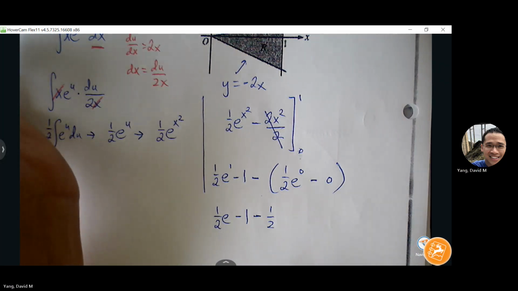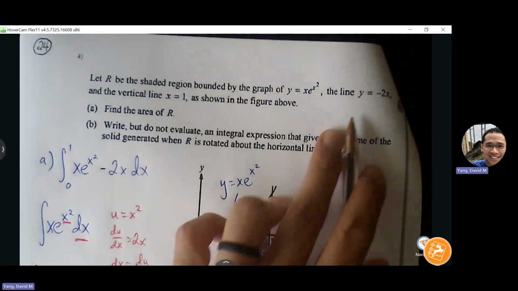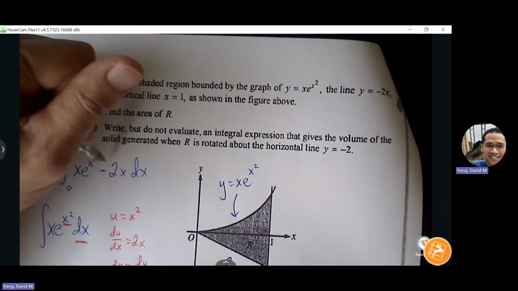Oh, I messed up. This is y equals -2, right? That's minus and -2x. Yeah.